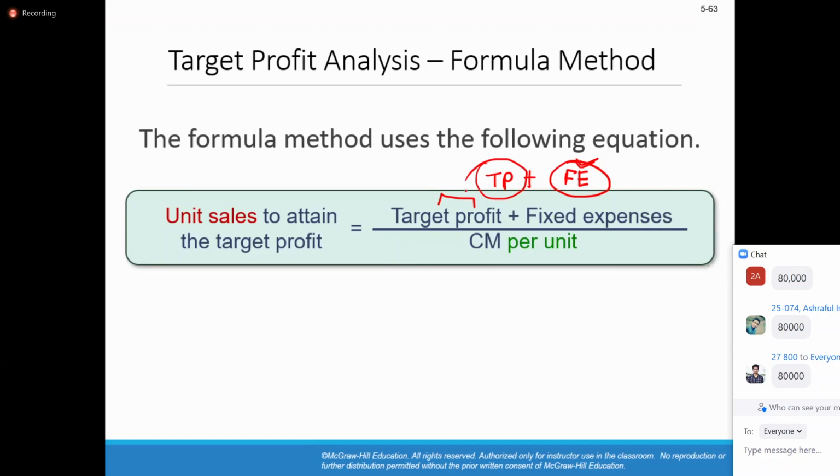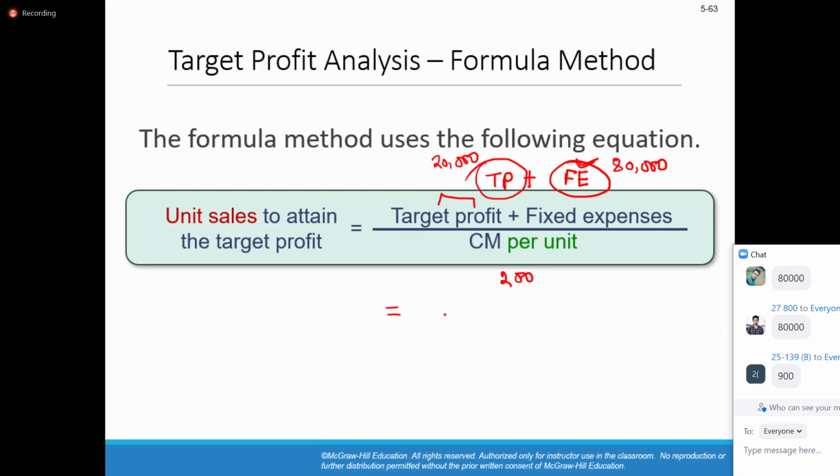So if our target profit is 20,000, fixed expense is 80,000, and our contribution margin per unit is 200, can you estimate how many units of sales I need to attain this target profit?